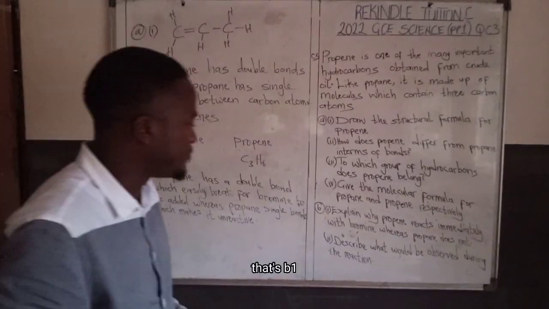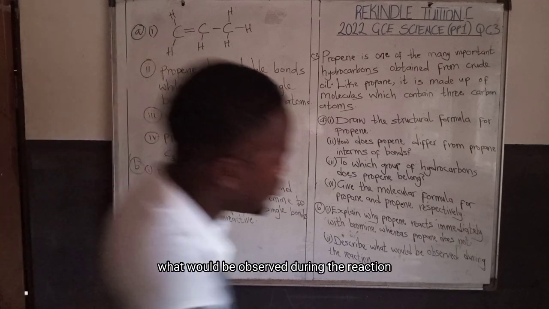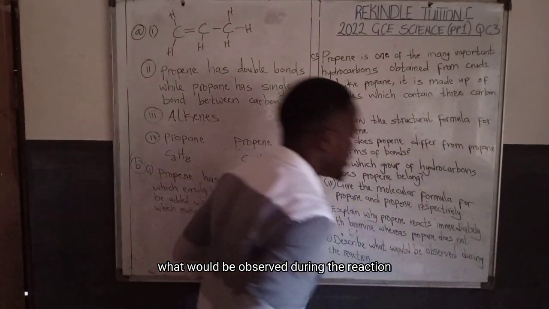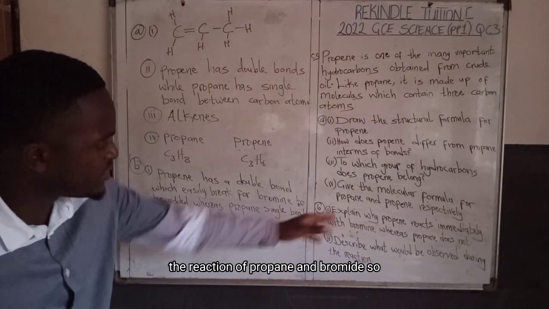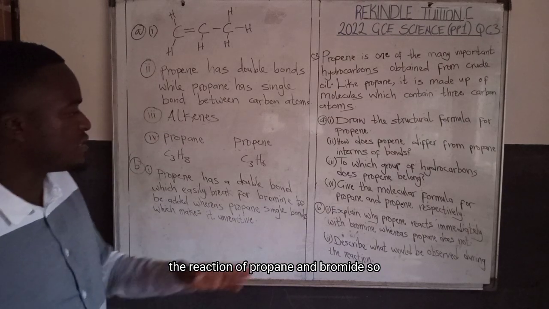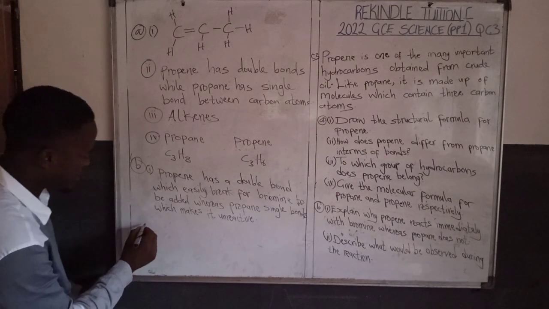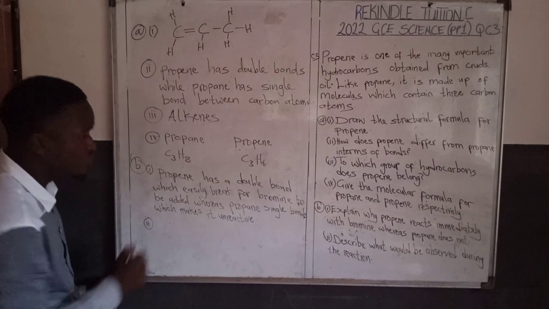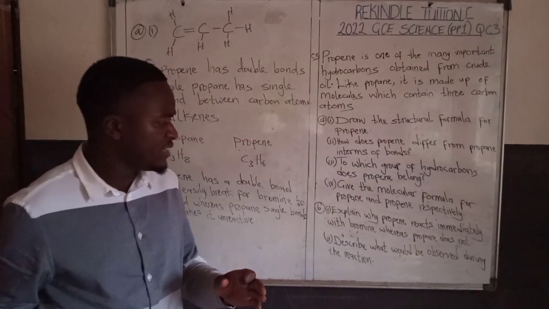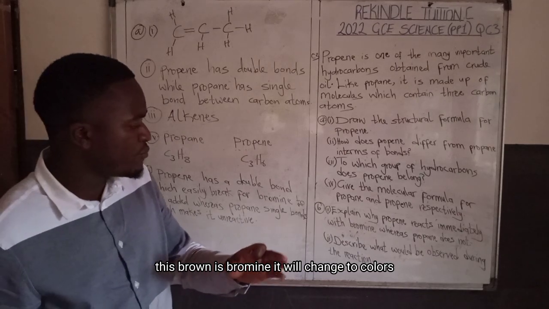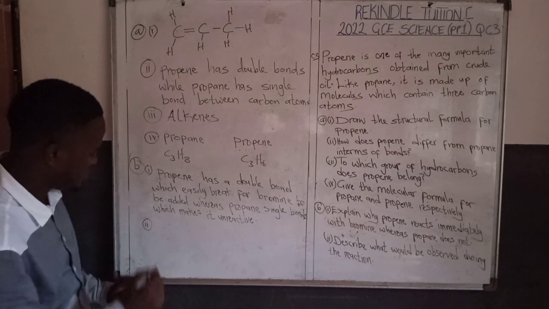Okay, so that's B1. Then describe what will be observed during the reaction. What will be observed during the reaction of propene and bromine? So the reaction, it will lose its color. It will be decolorized. The reddish brownish bromine will change to colorless.